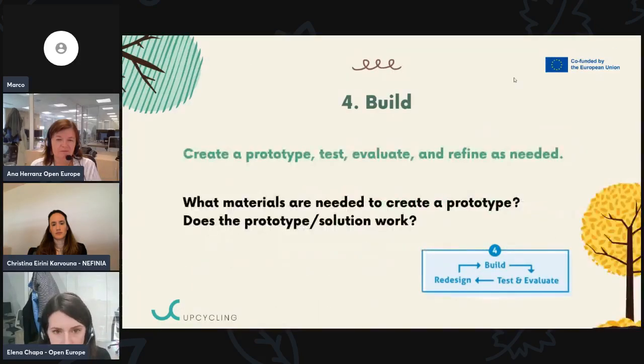And after that, it's the time for building. And then testing if what you built was correct, meaning the pencil holder, is it working? And if you already built something that works, this part of the process is also the time to ask, can it be improved?